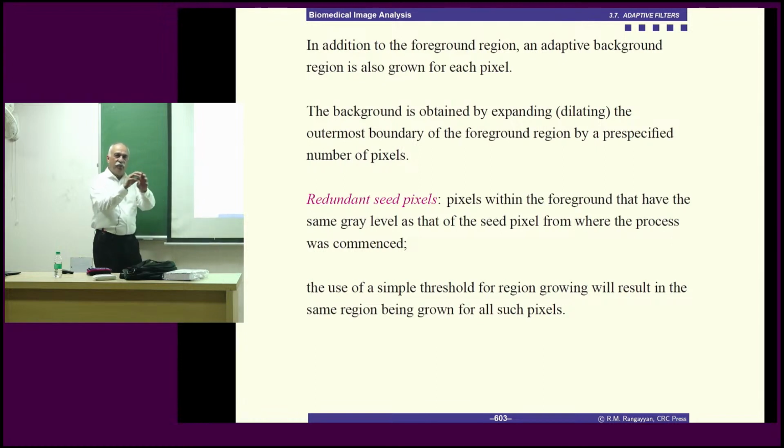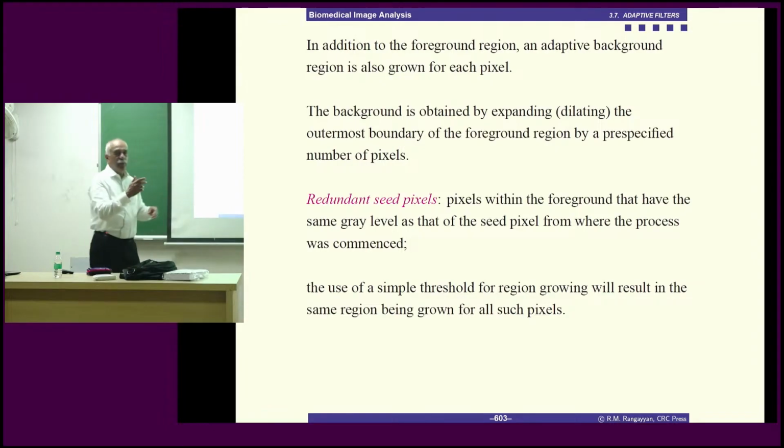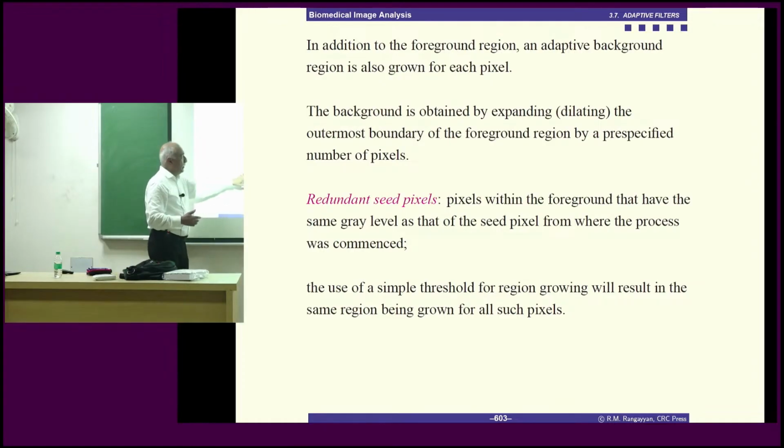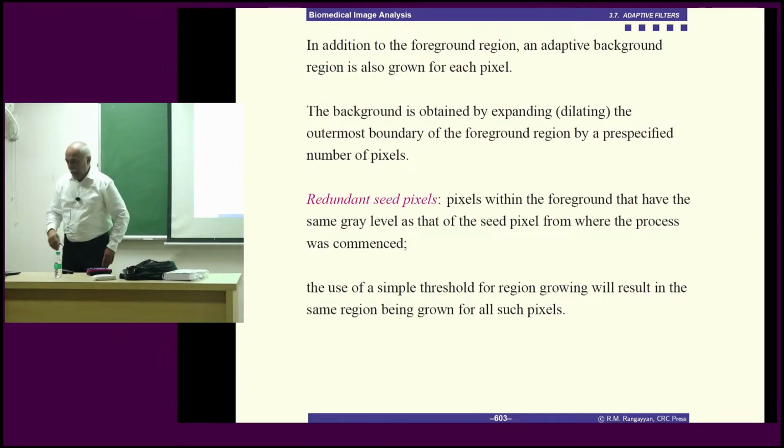So all of those pixels will get the same output, and I don't have to repeat the process. We call them redundant seed pixels because you would get the same output if you do the entire process. It depends upon the threshold used for region growing and all the conditions you put. It cannot be done always.